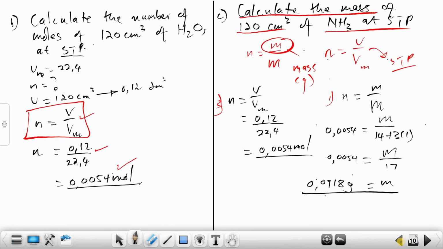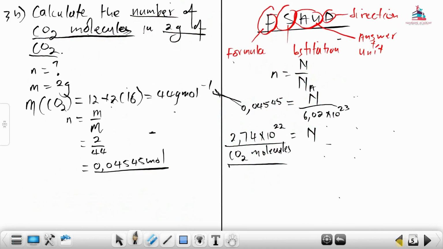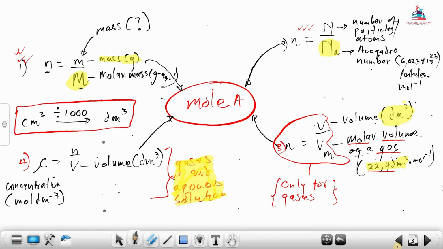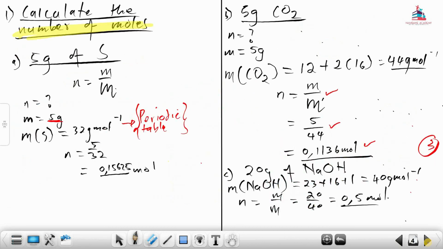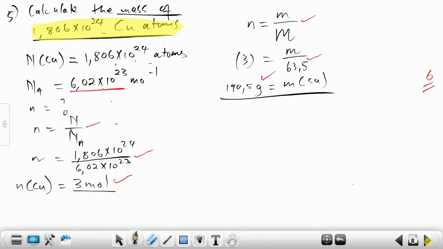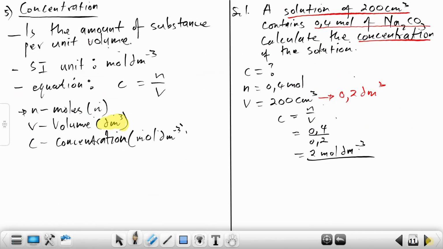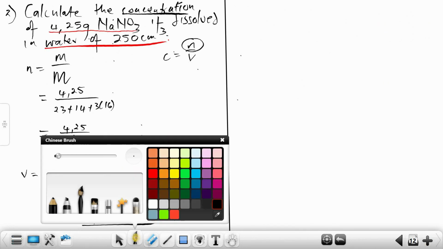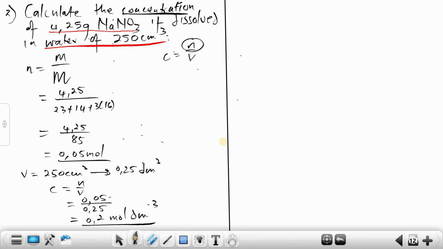Now that we are able to use all the equations, which are these 4 important equations, we need to link them with what we call the basic stoichiometric calculations. So this is where I need your full attention.